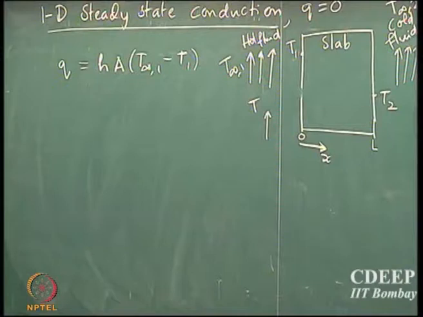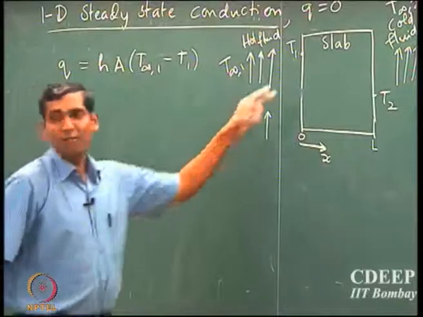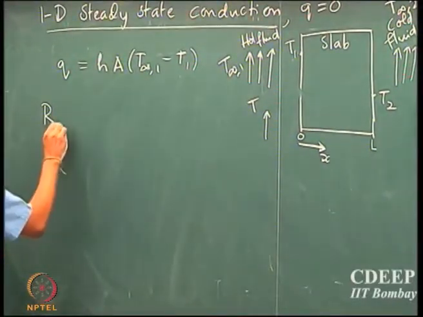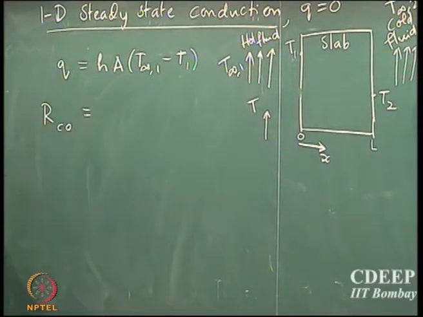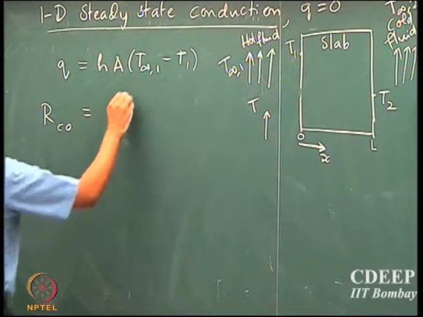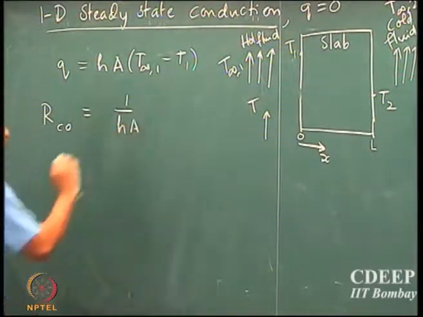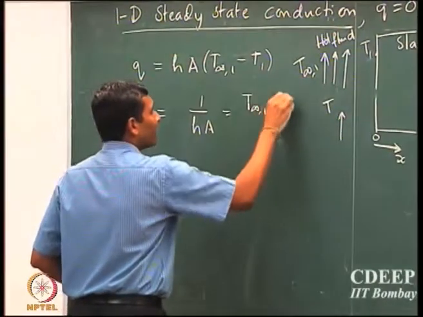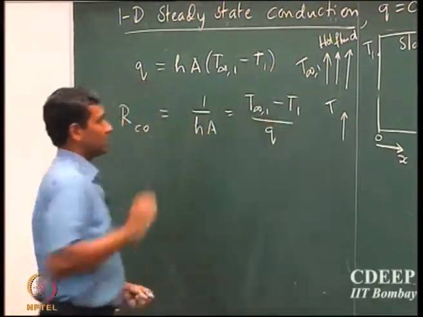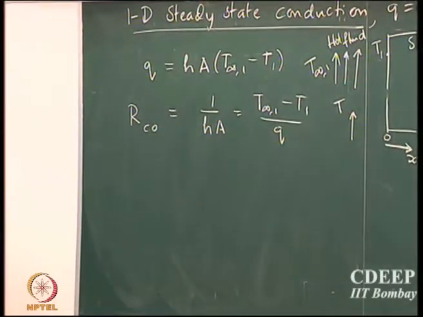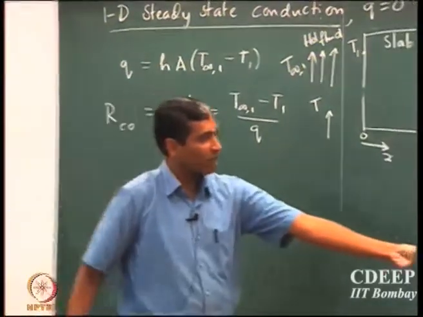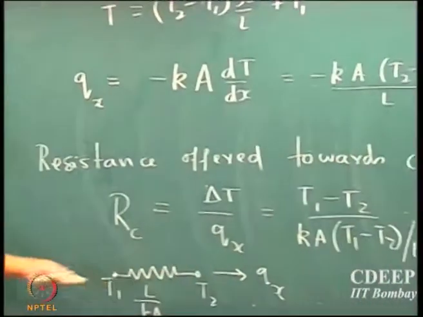So that is the rate at which the heat is being transported from the hot fluid to the slab, and we can use the resistance network concept, and we can say this is the convection resistance, and that is simply given by 1 by hA. It is very simple to see this. This is nothing but T infinity 1 minus T1 divided by Q. Very easy to see this. It's the same formula I have used, delta T divided by Q.